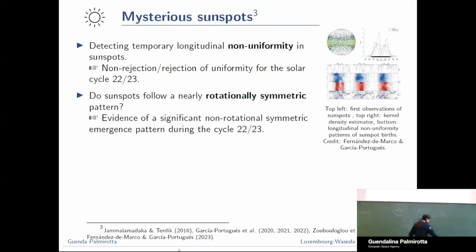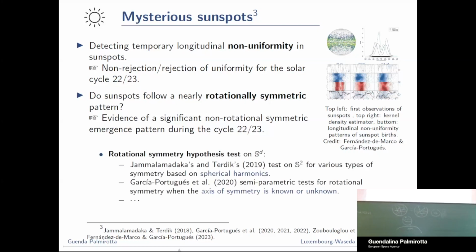I don't want to go into details, but they prefer to merge together. Then we have active regions. And so in this case, it's also hypothesis testing, but more about rotational symmetry.